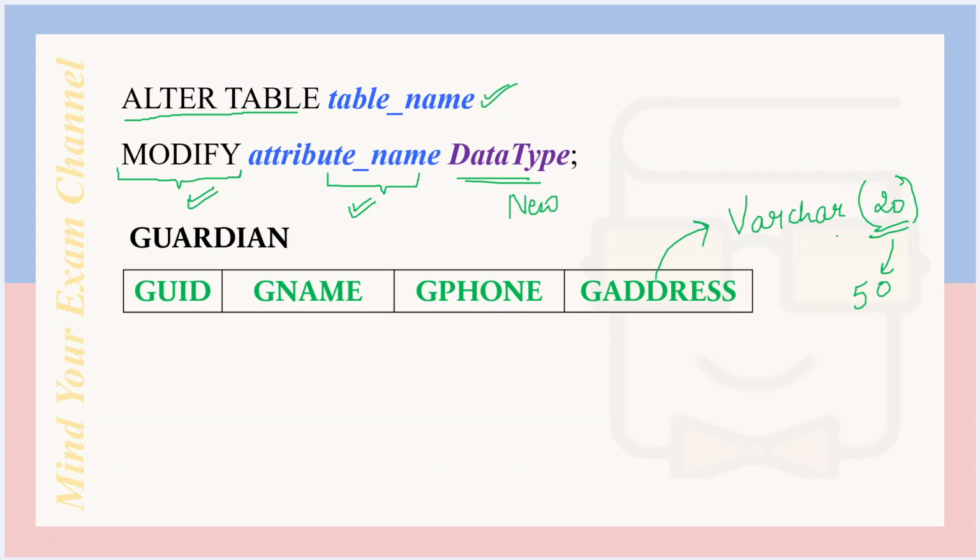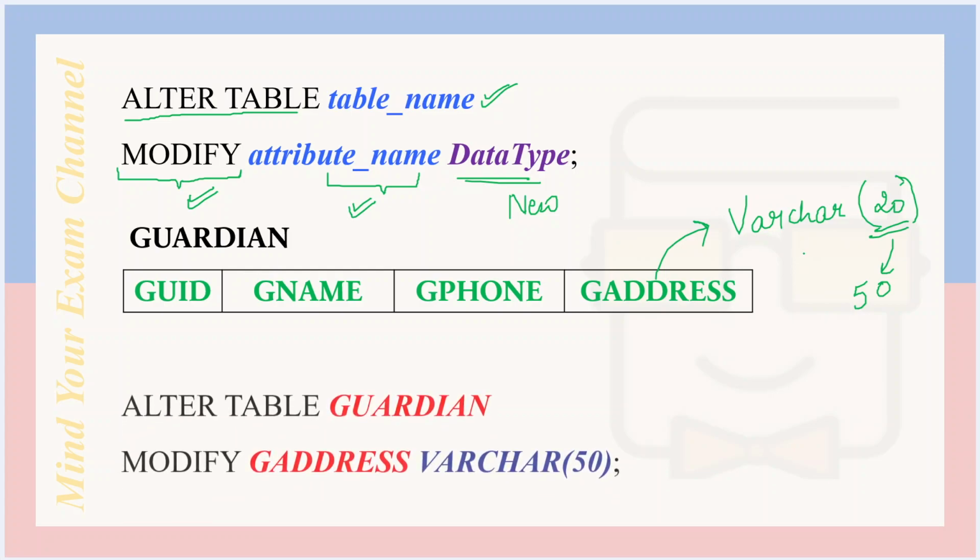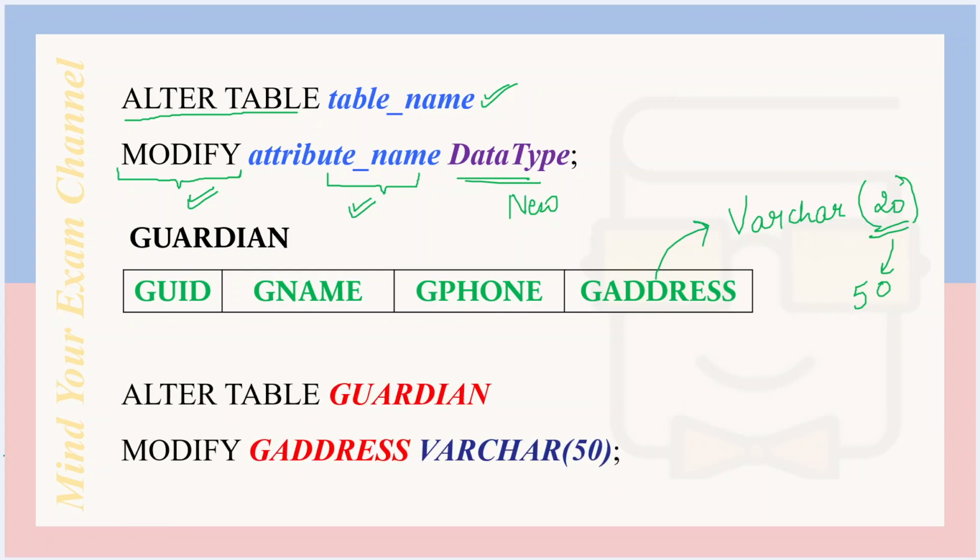In this example, let's see how we will change the data type size. What will we write? We will write the two keywords that we just saw, the alter table keywords. Then we will specify the name of the table whose attribute's data type we are changing. So we are changing the guardian table's attribute. The name of that attribute is G address, and this is the new data type.